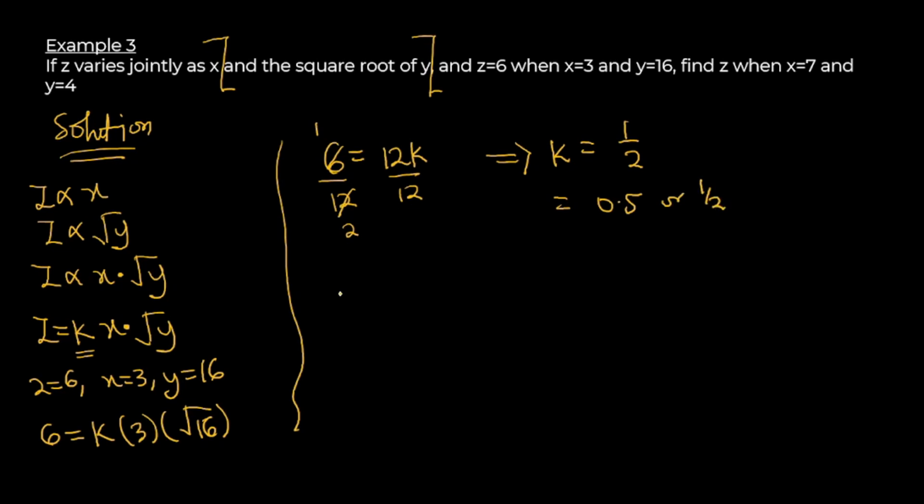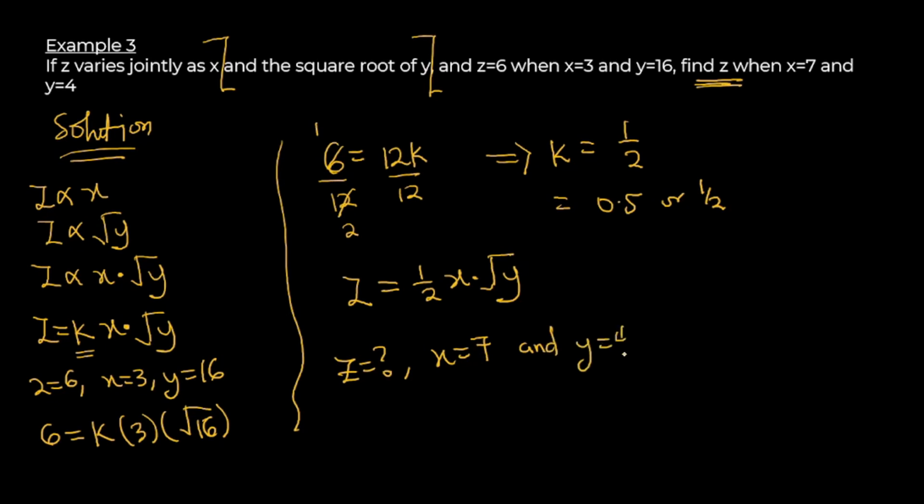So my equation for this joint variation becomes z is equal to 1 over 2 x multiplied by the root of y. Now we are to find z, which we do not know in the second scenario, when x is 7 and y is equal to 4.